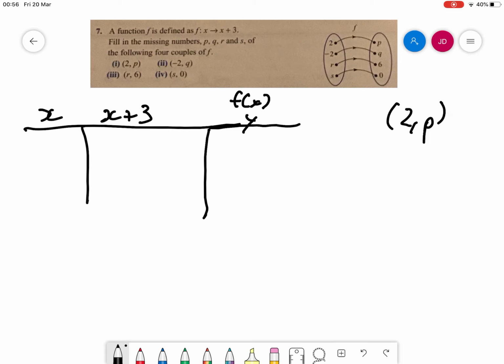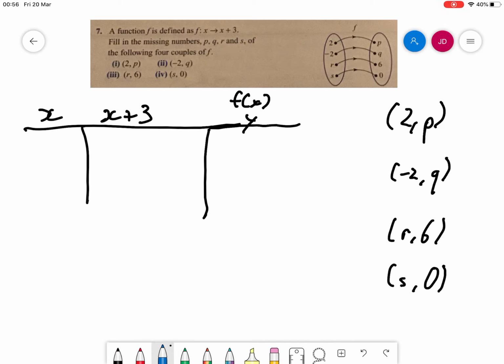So we have (2, p), (-2, q), (r, 6), and (s, 0). The best way to look at this is that the number on the left of the comma is always going to be your x value, and the right of the comma is always going to be your y value.